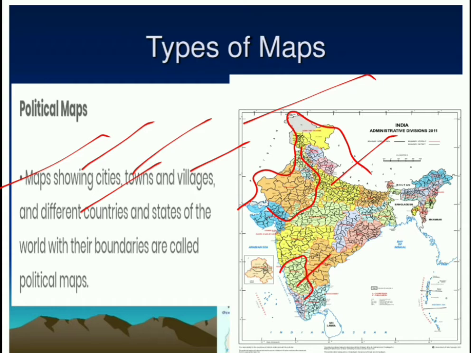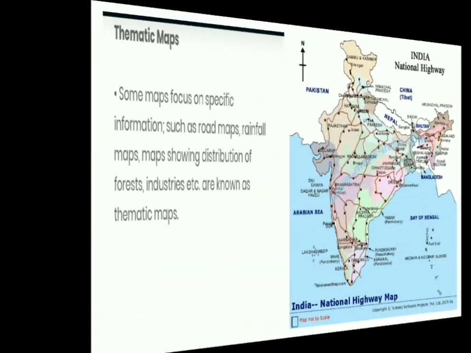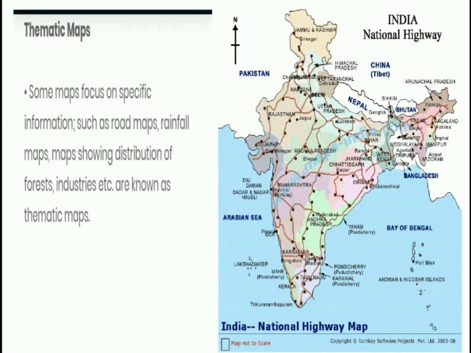So the subcontinent is divided into various political divisions like state wise, district wise, town wise as well as village wise. So this map is called a political map. Next, lastly, the third type is called thematic maps. Just observe the map here.